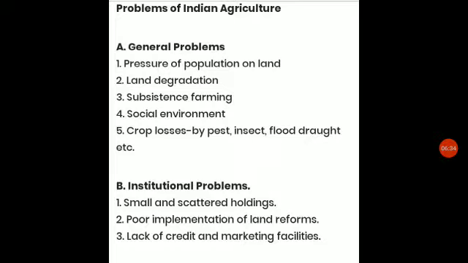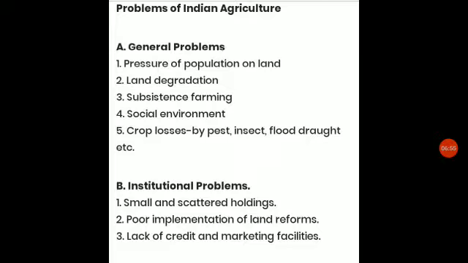Small and scattered holding. The land holding was uneconomic. Poor implementation of land reform. The land reform measures were not implemented in actual sense, or the ground realities were very much unsatisfactory.